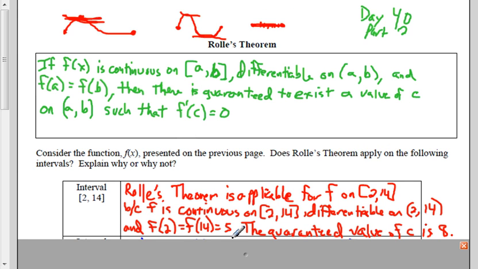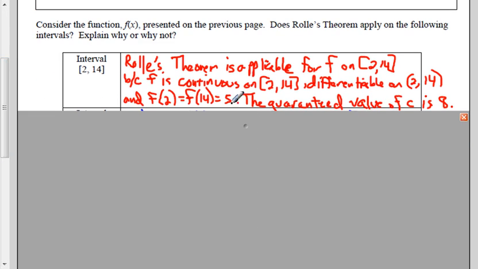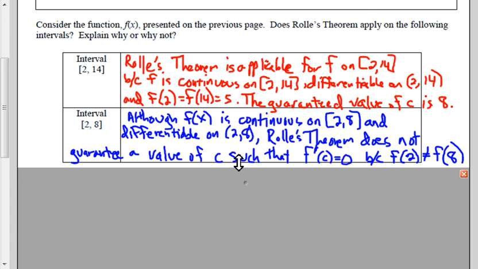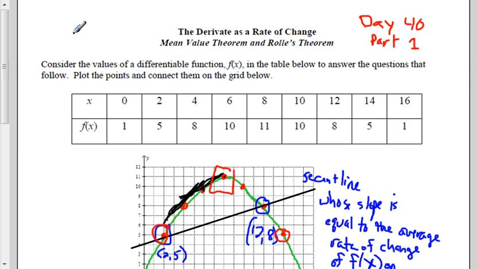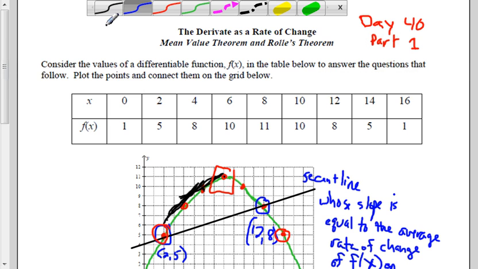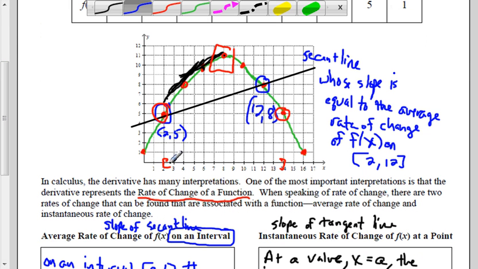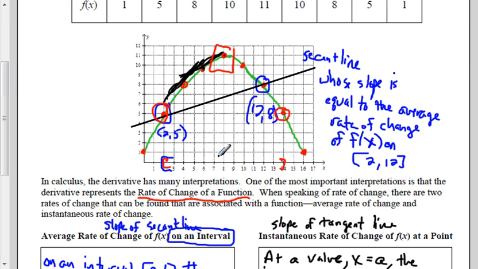Okay? So next, we're going to look at this same exact function, but the interval now is from 2 to 8, including the 2 and the 8. So now we're looking at 2 to 8.